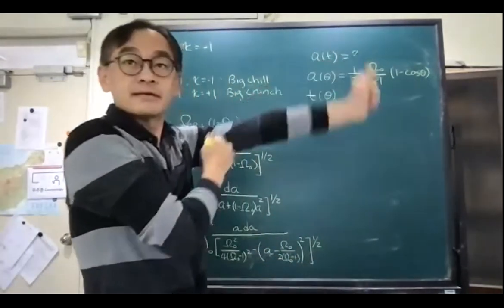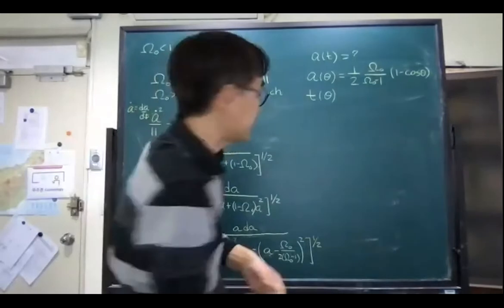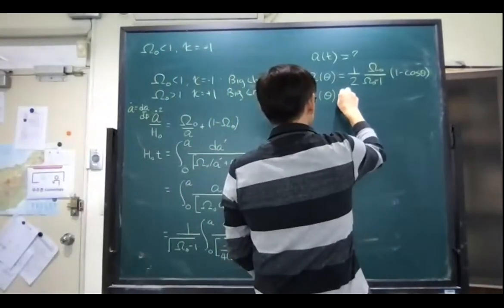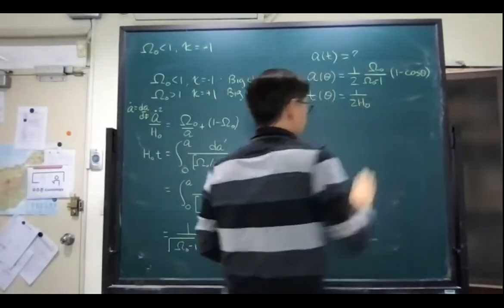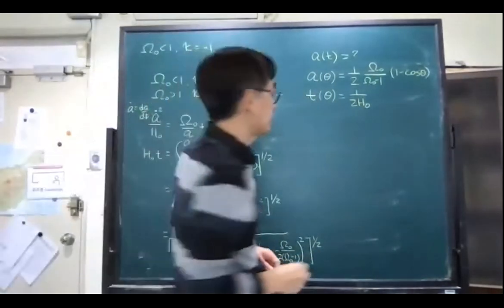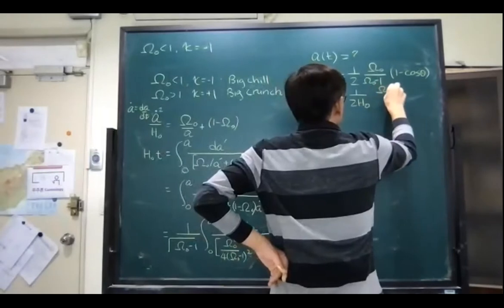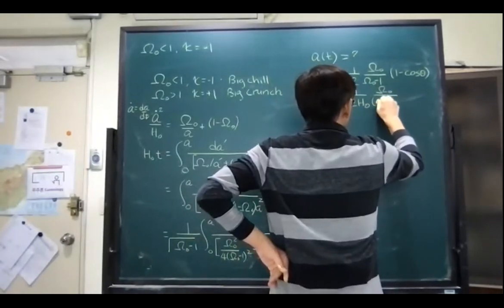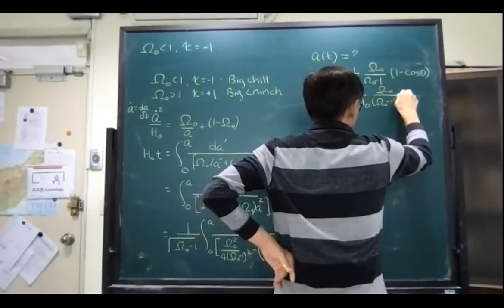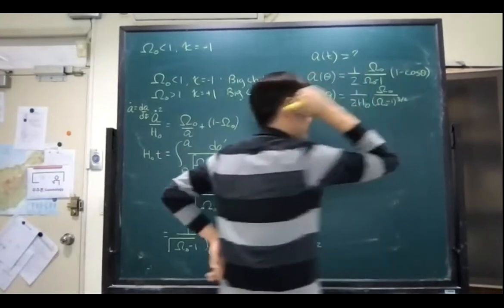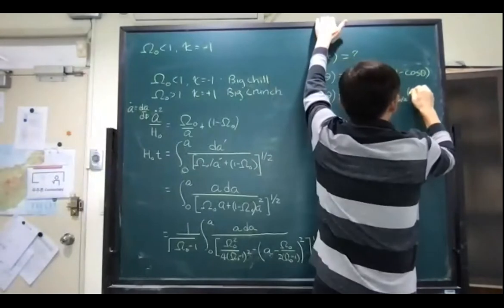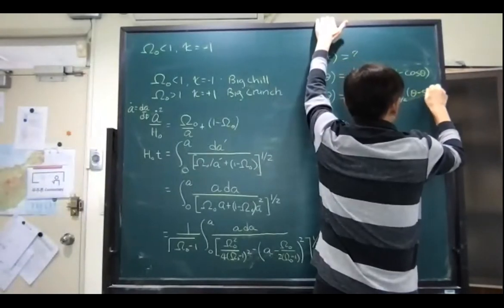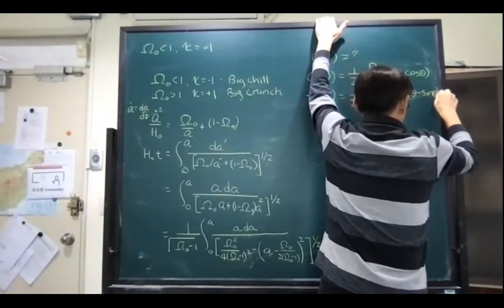And the time is a little more complicated. It has a double parameter: omega 0 over omega 0 minus 1 to the 3/2, times theta minus sine theta.